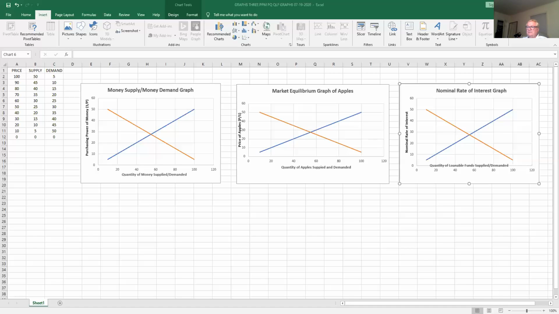We have firms out there that have interest payments and principal payments that have to be paid. And so if they don't have the cash on hand, if their profits are so low because of the coronavirus, for example, then they'll have to go to the money and capital markets and borrow the money. So the demand for credit has increased.